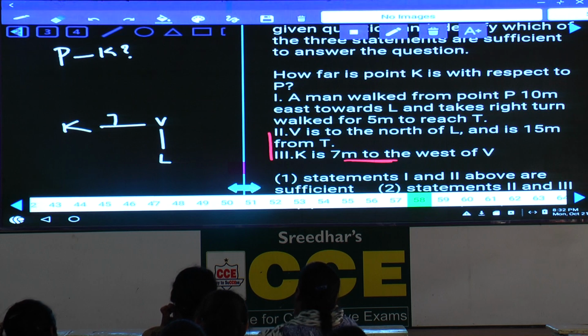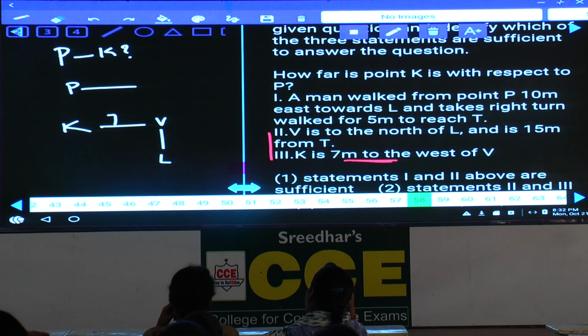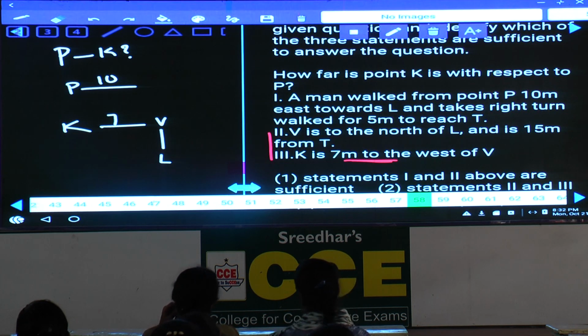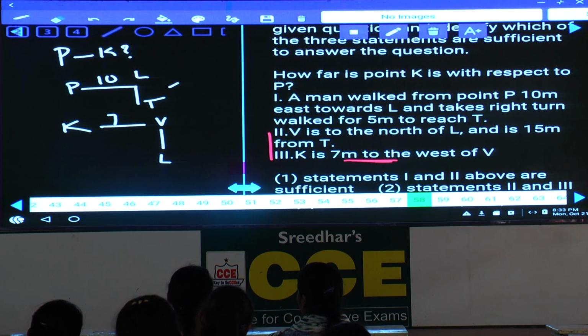Now if you combine 1 and 2, a man walked from point P 10 meters east towards L, takes a right turn and walked for 5 meters to reach T. Now PL and T is there, this is 1, and V is to the north of L and is 15 meters from T. Now, if you observe here, what is the element which is common here?